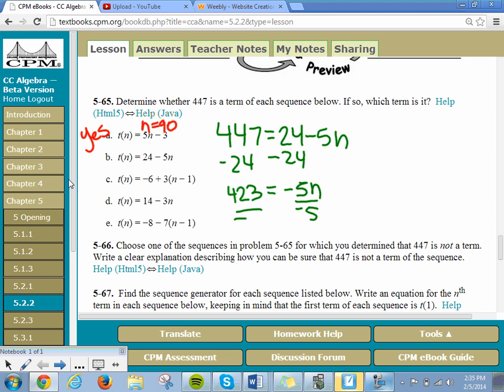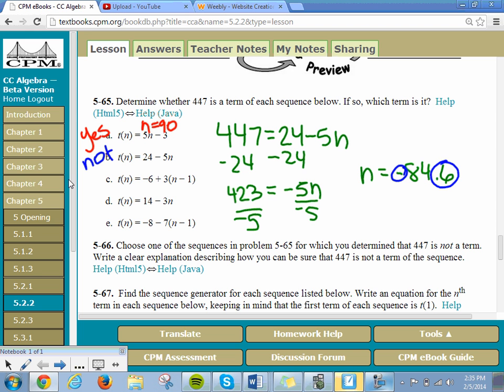We're going to divide both sides by negative 5, and that's going to give us two things that cannot happen. We're going to get that n is equal to negative 84.6. So two things that are really bad that tell us there's no possible n for this is that it is both negative and has a fraction.